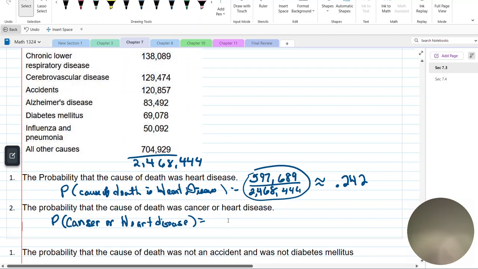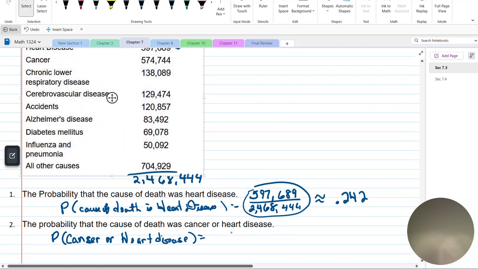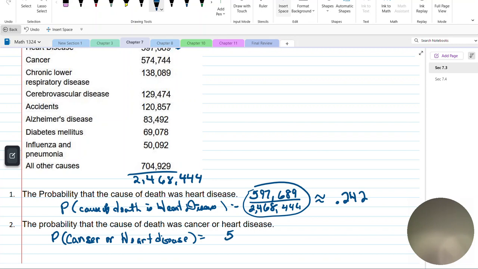So we would have in cancer, what did we have on cancer? 574,744 over that 2,468,444. Or, that means add, heart disease. 597,689 over that same denominator.